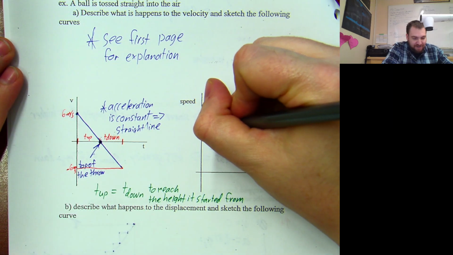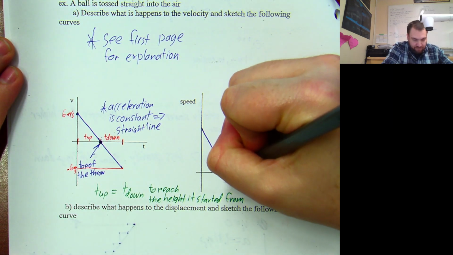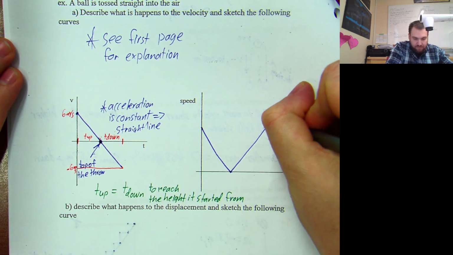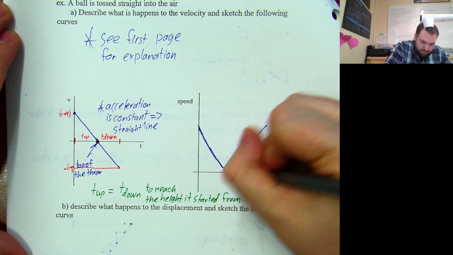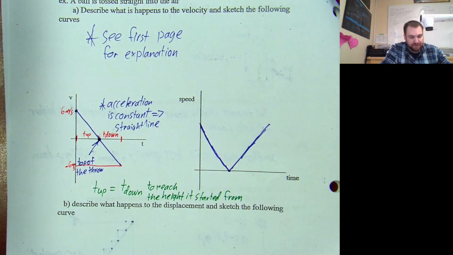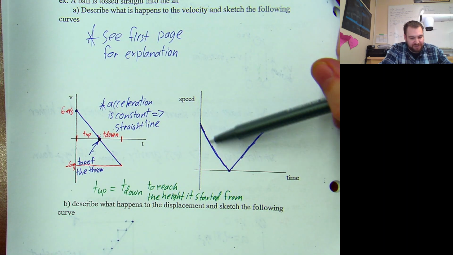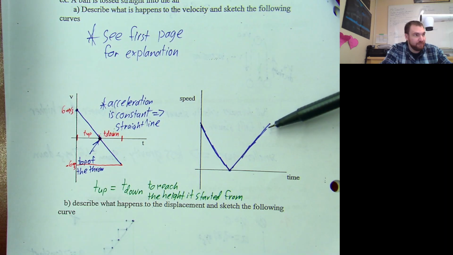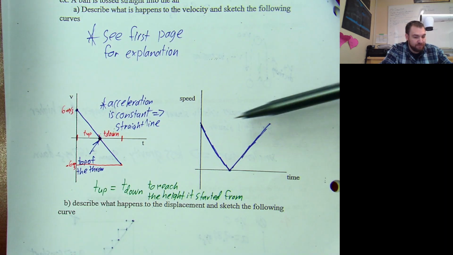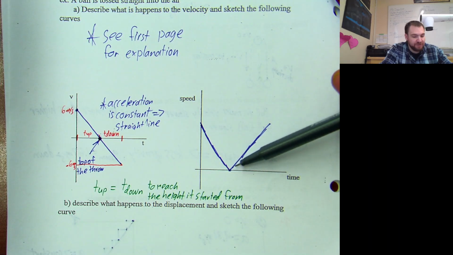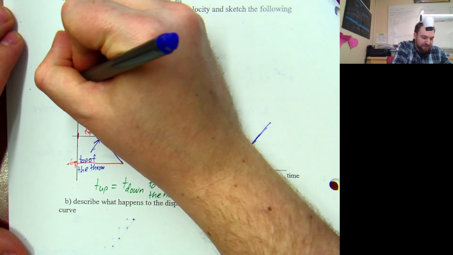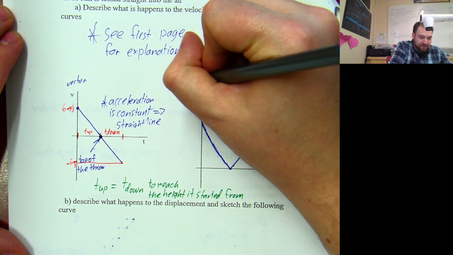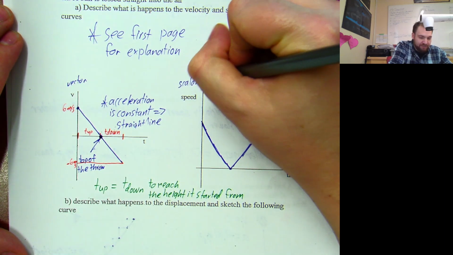So a speed time graph is going to look like this. The object has speed, it falls to 0, now it's gaining speed again as it comes back down. It rises to no speed, and then it falls and speed increases. The difference between speed and velocity: this guy's a vector, this guy's a scalar. Scalar means can't be negative.